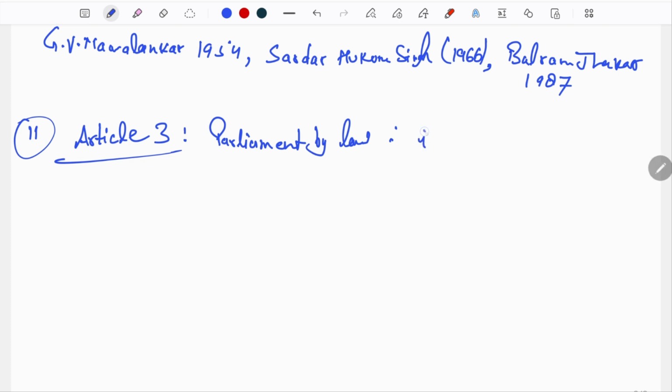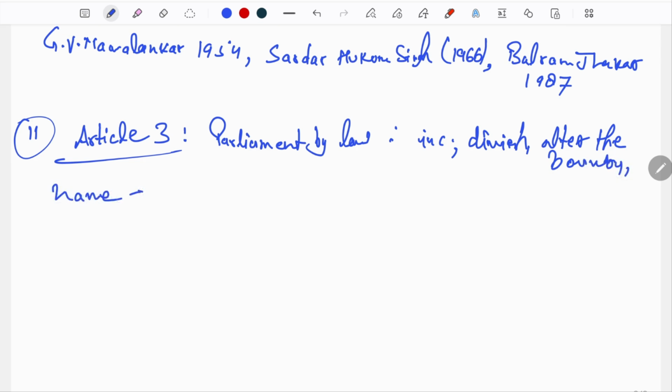Or it can increase the area or diminish the area, alter the boundary and name of any state.